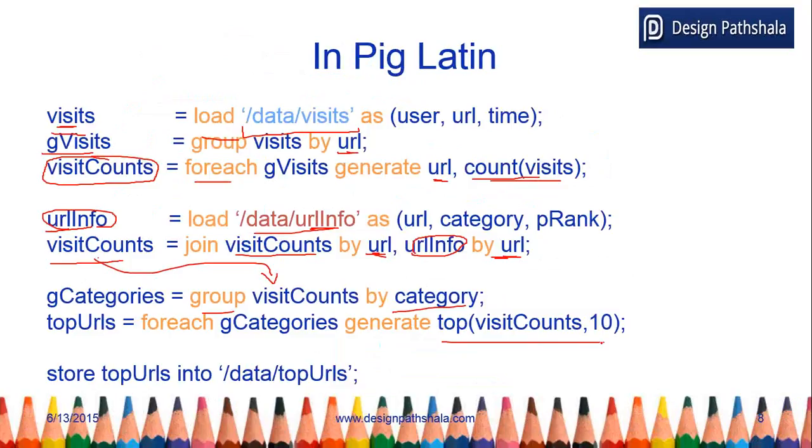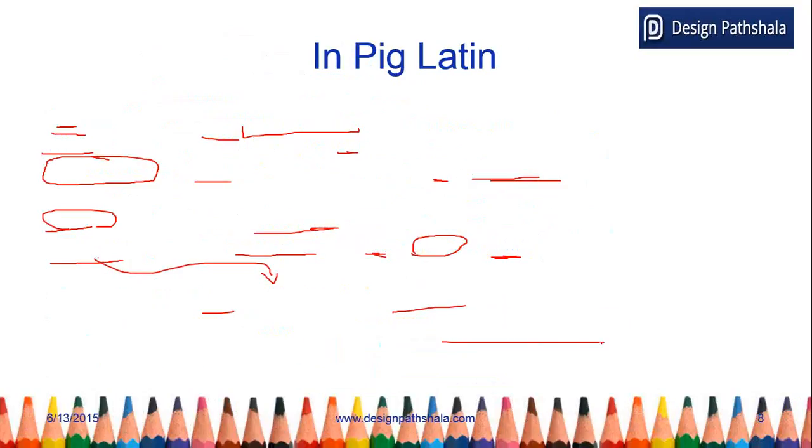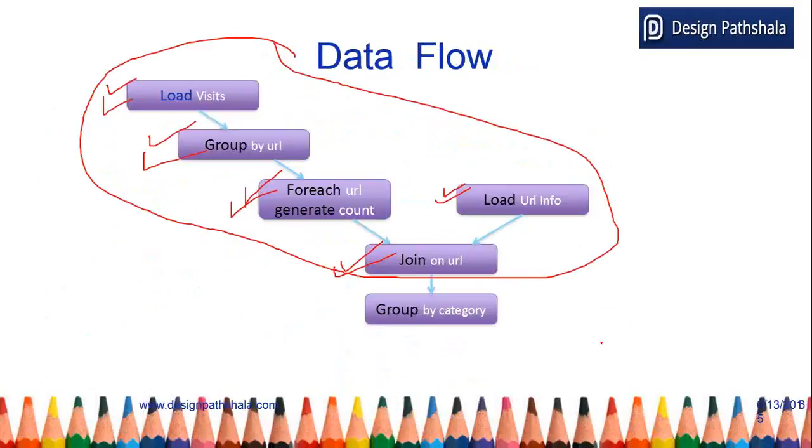So 1, 2, 3, 4, 5, 6, 7, 8 lines of Pig code, and all of that is done for you. And 8 lines in my data flow diagram also. For each step in the data flow diagram there's a corresponding step in Pig, and I can achieve the output of this problem pretty easily.